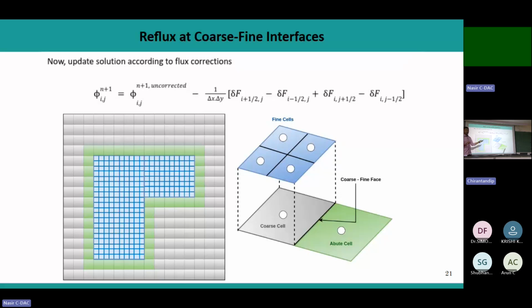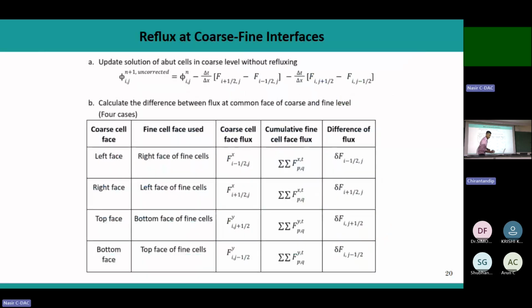I tried to. What is delta F? Delta F is the flux difference between this and this. So grad phi, this is the per second phase flux. Wait, let me understand this.